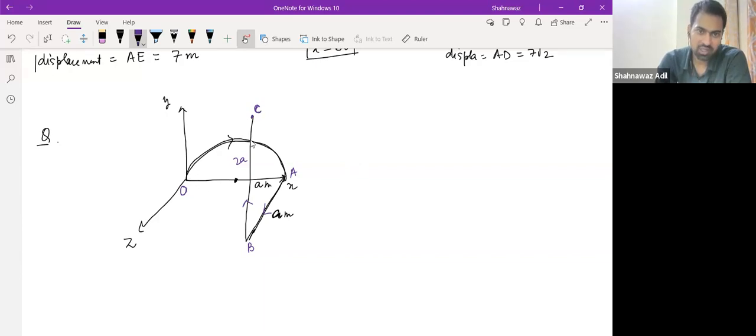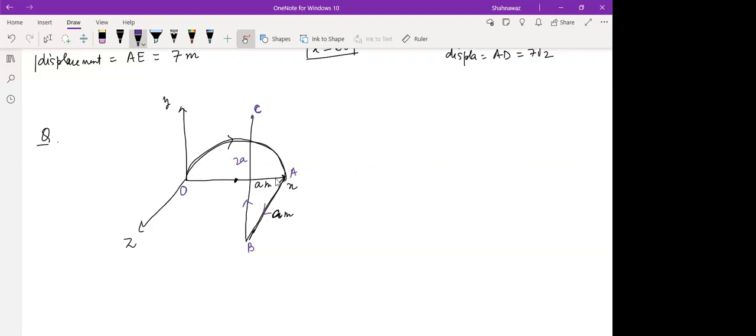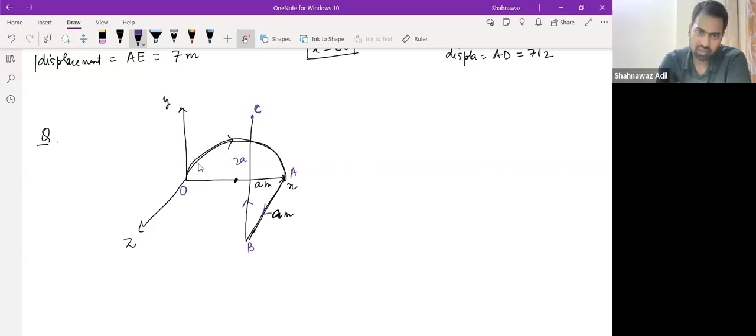You can see that this motion is not in 1D, right? No, sir. Because this is 2D, then this is 1D, and then this is 1D. So all the coordinates are involved.